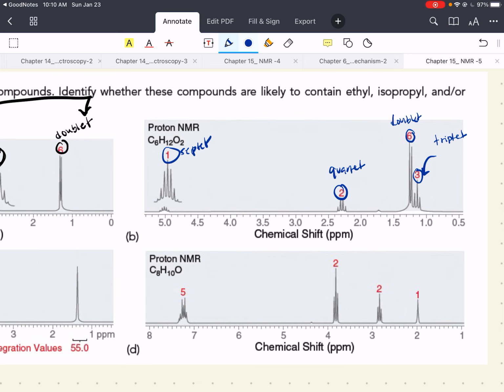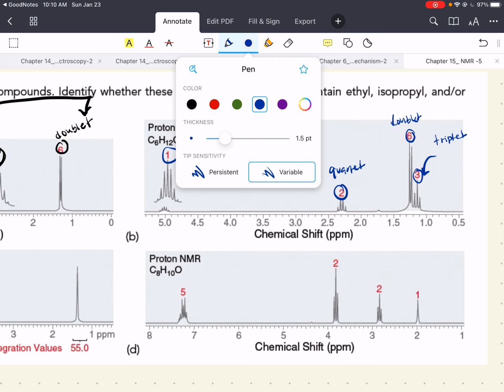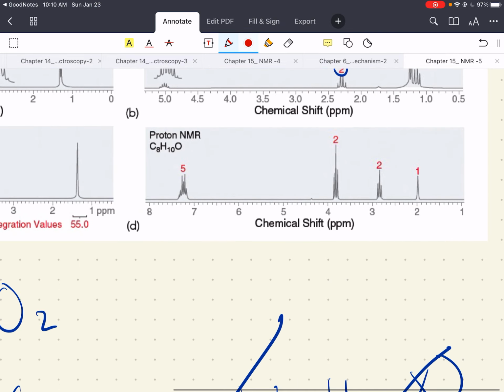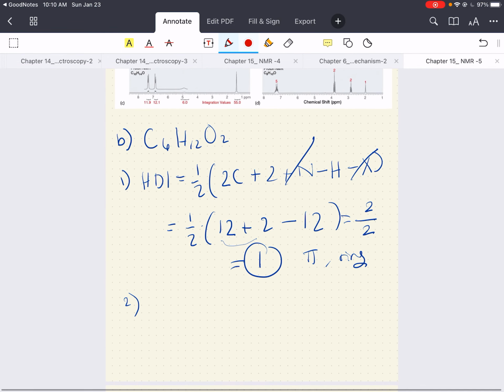There are quite a few patterns here that we should be familiar with, starting with the septet of integration 1 and the doublet with integration 6. We just saw this too, and it's fantastic that it reappears. We have an isopropyl group here, so we know our structure has an isopropyl group.